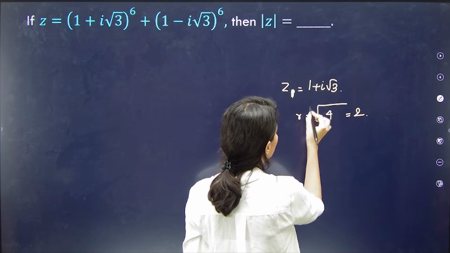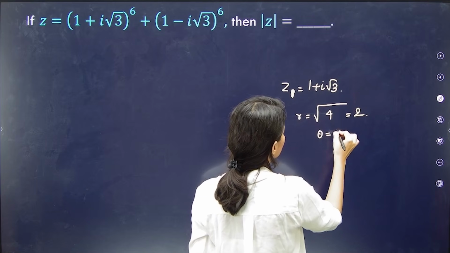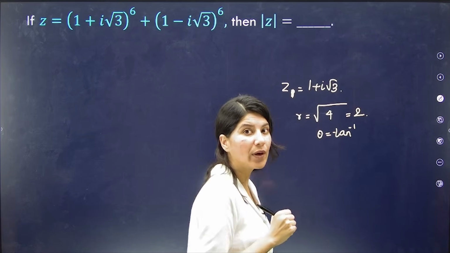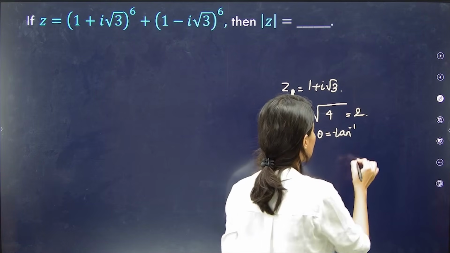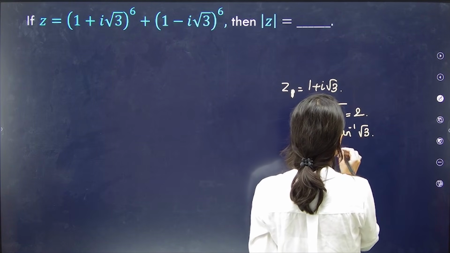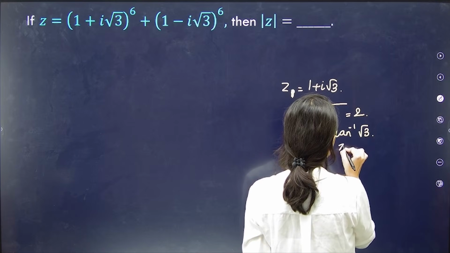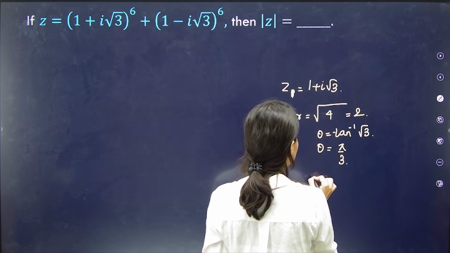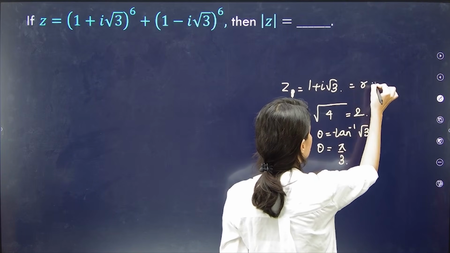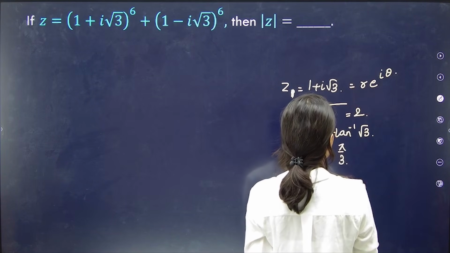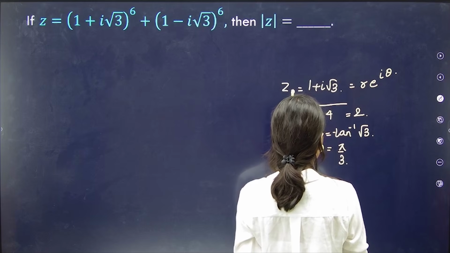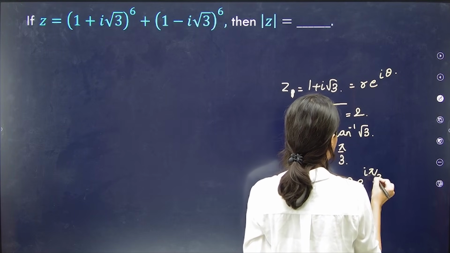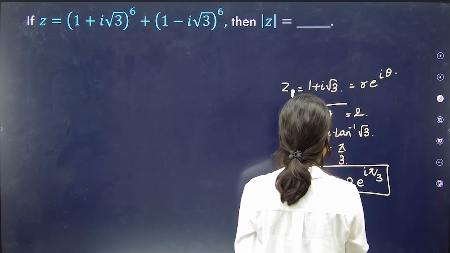And theta is tan inverse of root 3 by 1, so theta will be pi by 3. So this is r e raised to power iota theta, which means z1 is 2 e raised to power iota pi by 3.